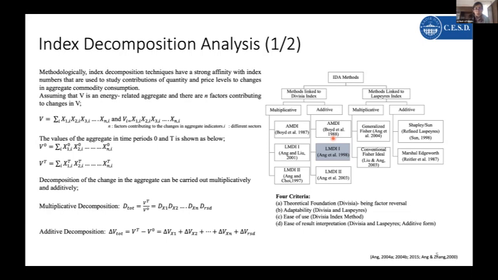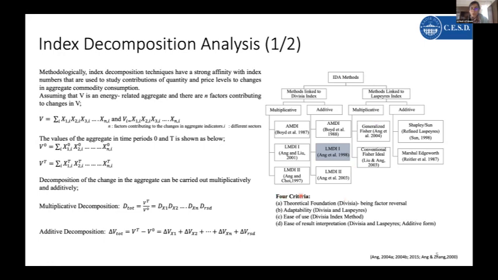Multiplicative decomposition analyzes the ratio change. Additive decomposition focuses on the difference between the values of the aggregate indicator. In this graph, you can see that the IDA methods are divided into two: methods linked to the Divisia index and methods linked to the Laspeyres index.